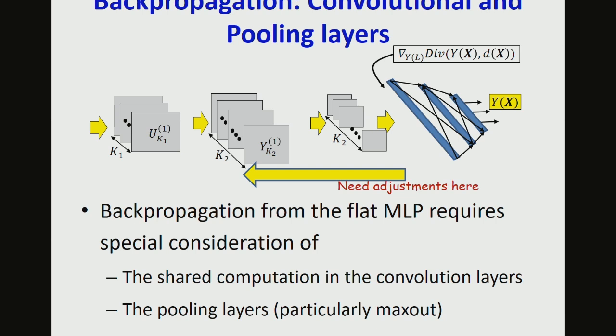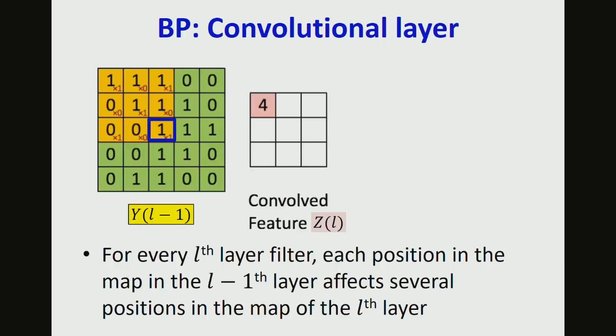And so we have to figure out how exactly to deal with this. You have shared computation in the convolution layers, which is an issue. And then you have these crazy pooling layers, particularly the max layer. They are non-standard, so you have to worry about how these propagate the gradient backwards. So that's what we'll go through.